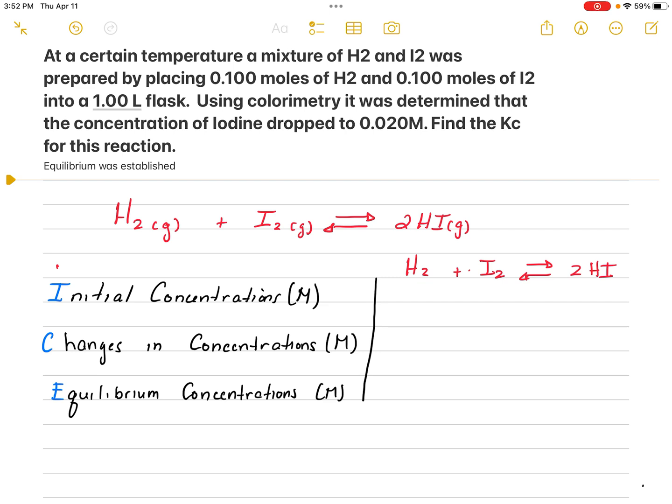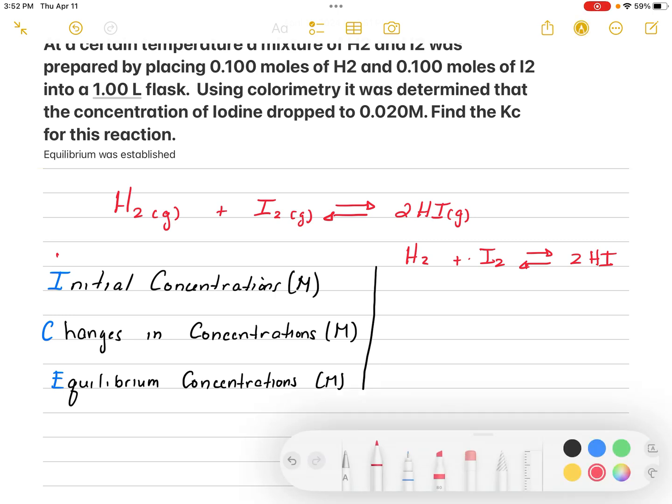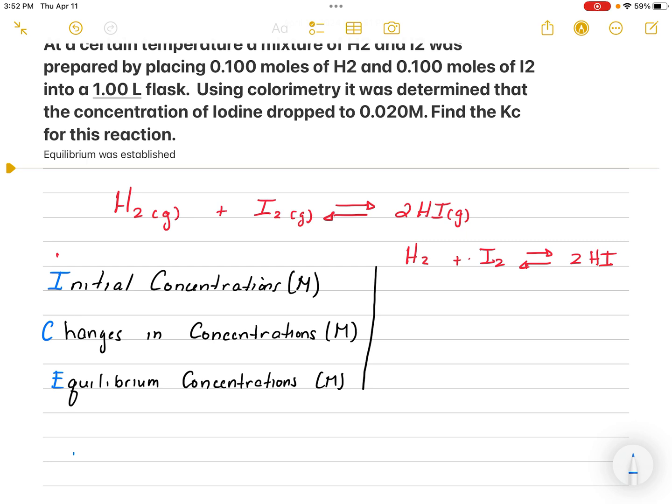Okay, so first things first, we have to address the molarity. Let's remember that molarity is equal to the moles divided by the liters. So in this case, we have 0.100 moles of hydrogen in a 1-liter flask.